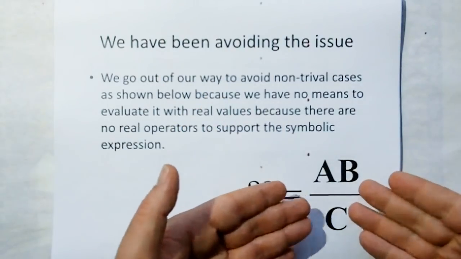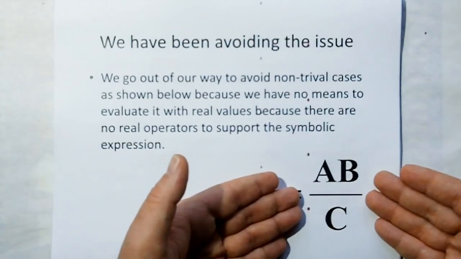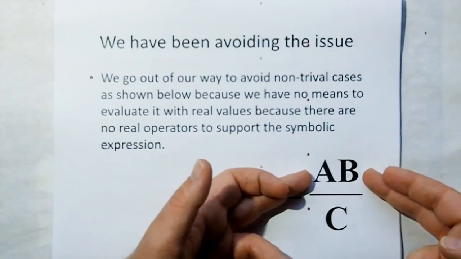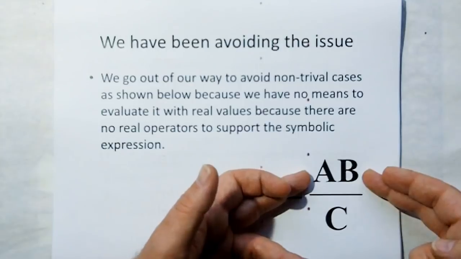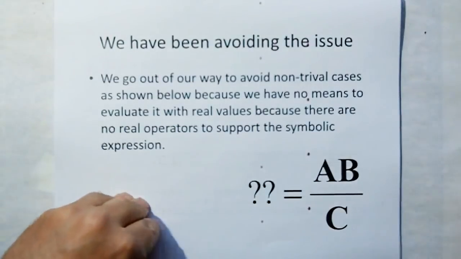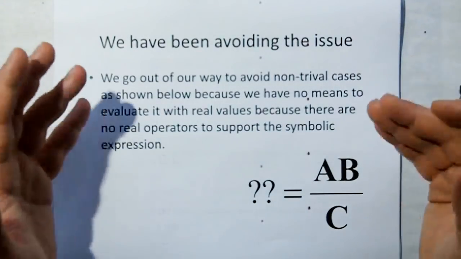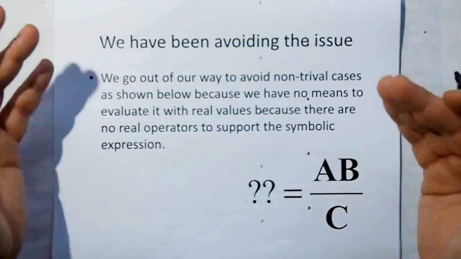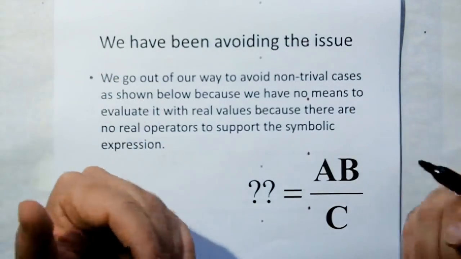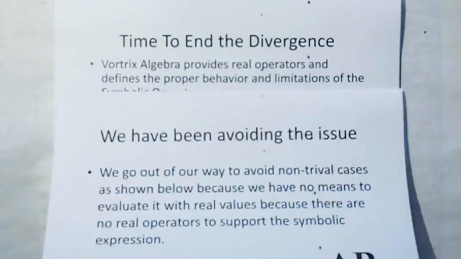There's nowhere else to go, because we do not really have a valid divide operator. And for the most part, we really don't have a complete multiply operator either, and I'll show you that. But we've done symbolic manipulation in spite of the fact that there are no real operators to support the expression.